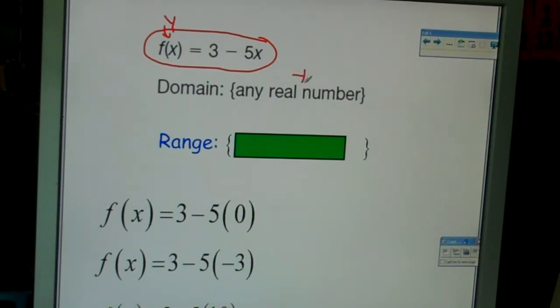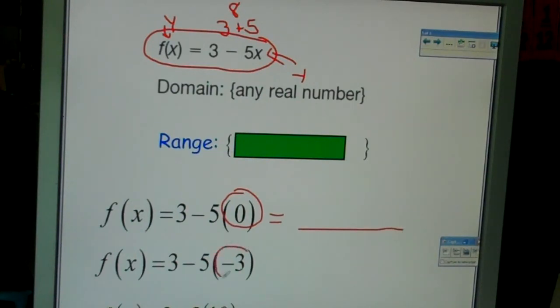So I could plug in -1. If I put negative 1 in here, negative 1 times negative 5, well, that's going to give me a positive 5, plus 3, that gives me 8. Okay, that's a positive number. Now, I've done a couple here for you. I did 0, that's a real number, and you can figure out what I would get out.